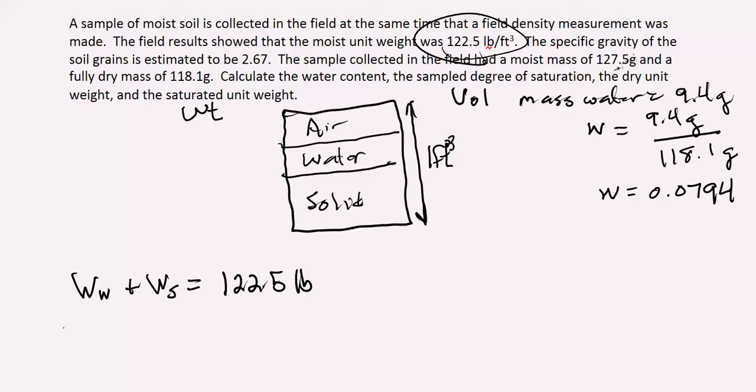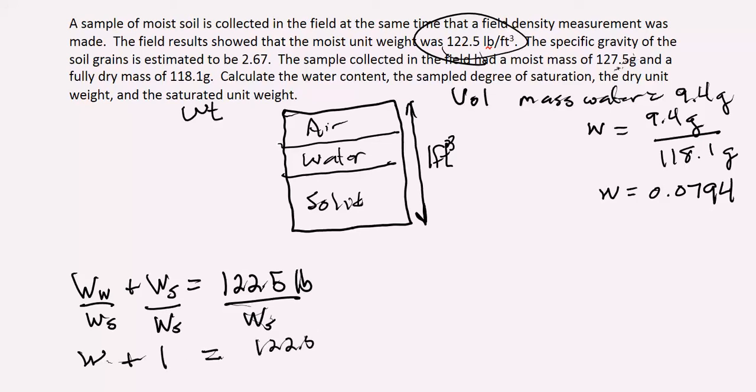To find out what these unknowns, weight of water and weight of soil, are, we're going to have to divide both sides of this equation by weight of the solid. So weight of solid, and again these are capital W's that I'm using here. Well, that simply is equal to the water content, so I'm trying to put in a small script w, plus 1 is equal to 122.5 pounds divided by the weight of the solid.